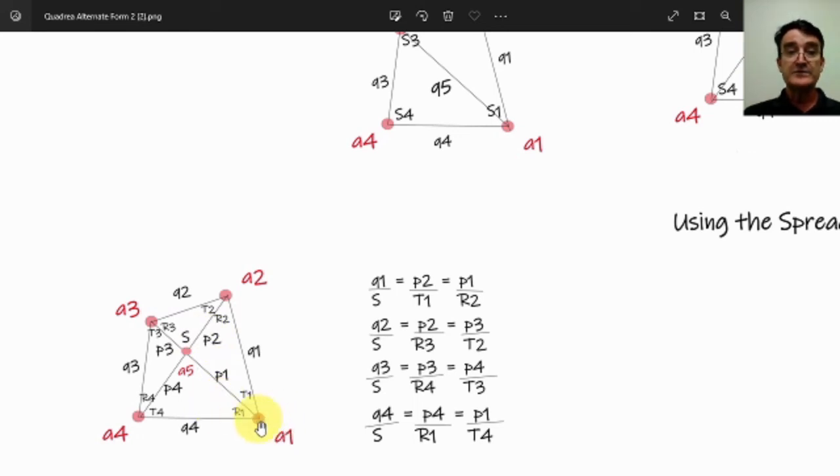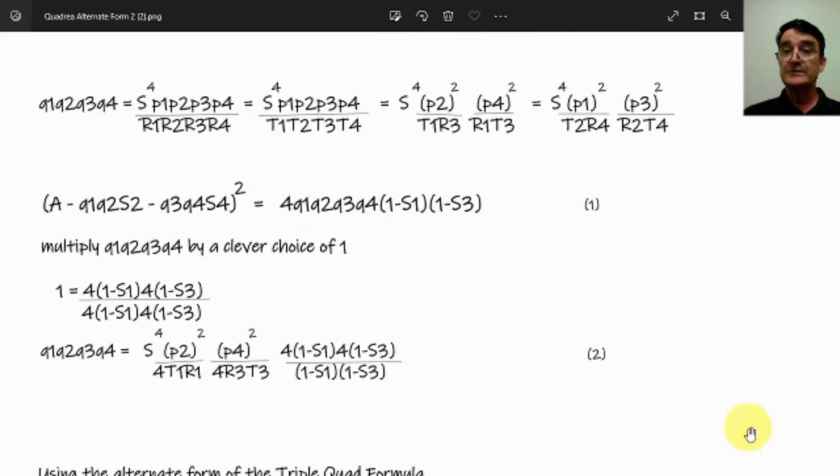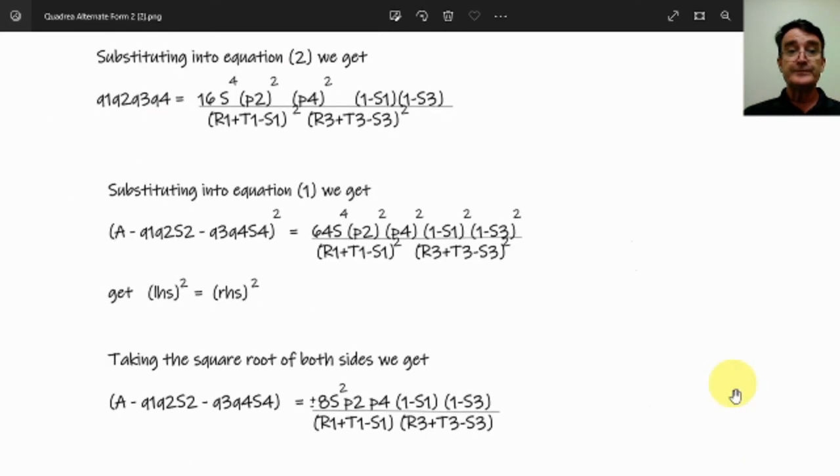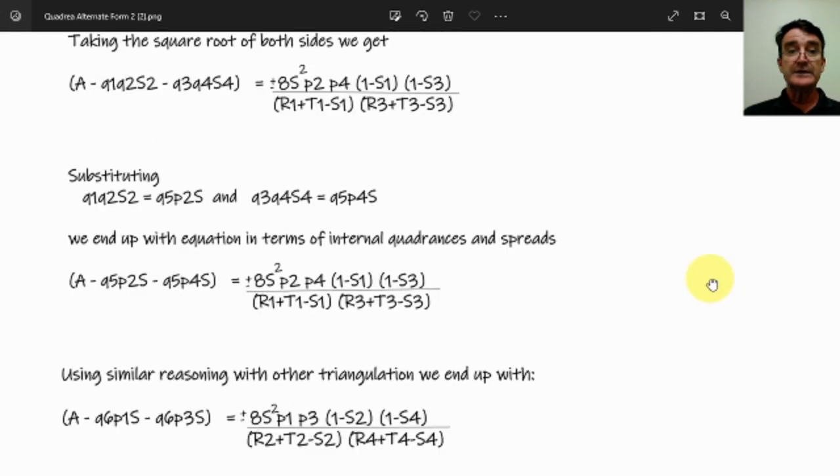And similarly for this projective triangle A1, A3, A4, the alternate equation of the quadria of that projective triangle is Q5, the quadrance Q5 between A1 and A3, times the spread S times P4. So that's what we're substituting in. That's what we were substituting here for these quantities, and we end up with an equation in terms of the internal quadrances and spreads.